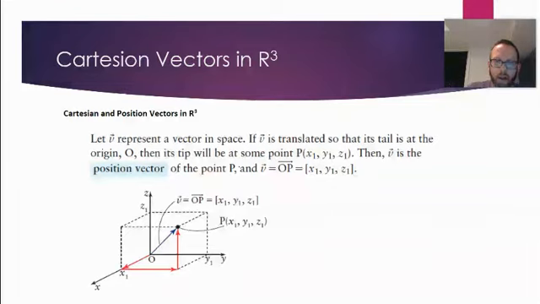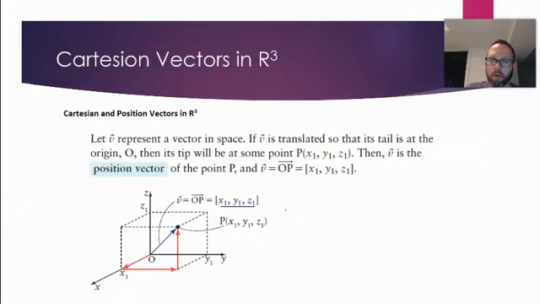If you want to talk about the vector going from the origin to some point P in 3-space, you just use square brackets with your x value, y value, and in this case, your z value. This vector goes from the origin to point P, x1, y1, z1.